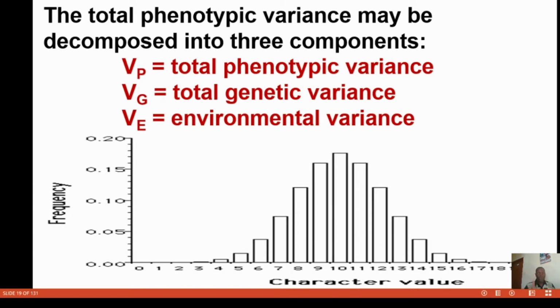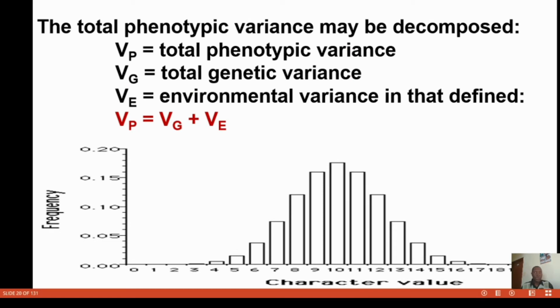variation, which is on the vertical scale, the frequency. And so when we have enough or a large range of the total phenotypic variance, we can expect that variance to be bell-shaped curve distributed.